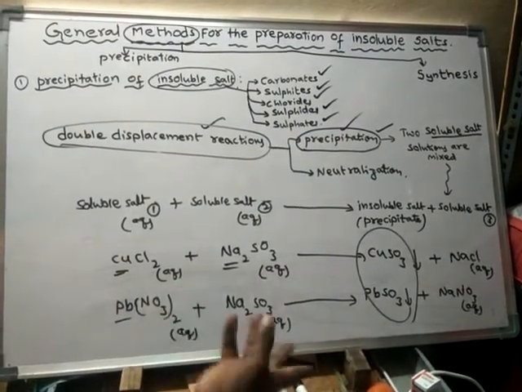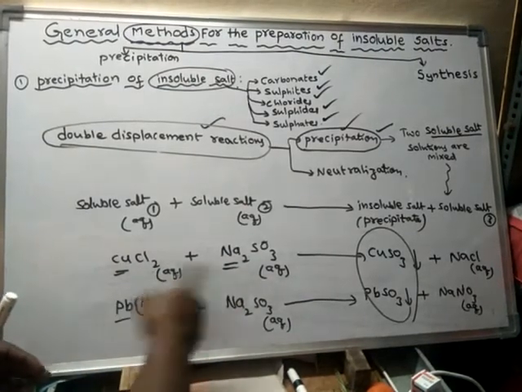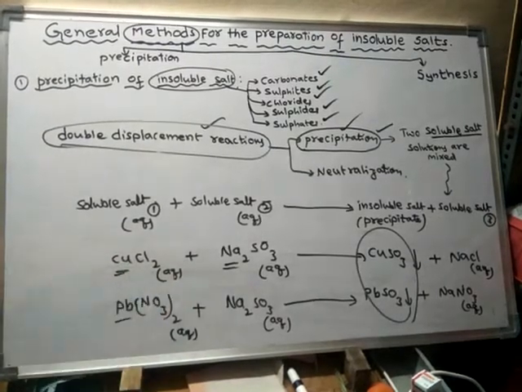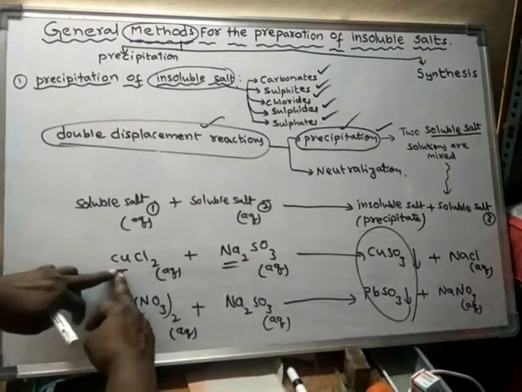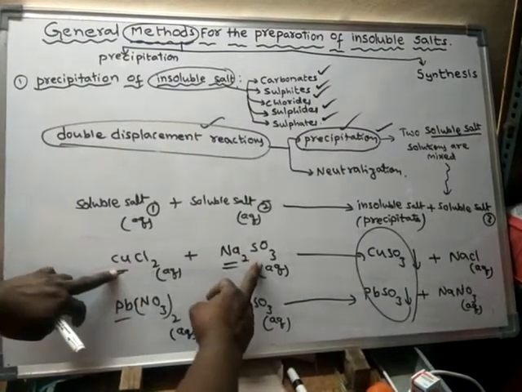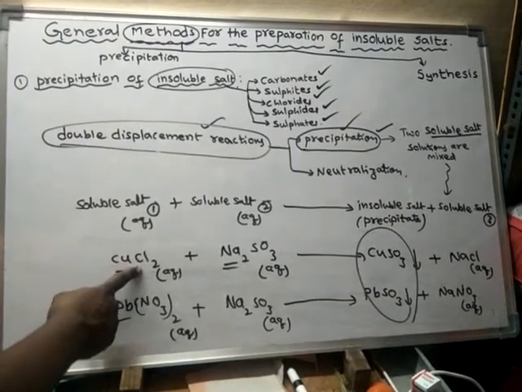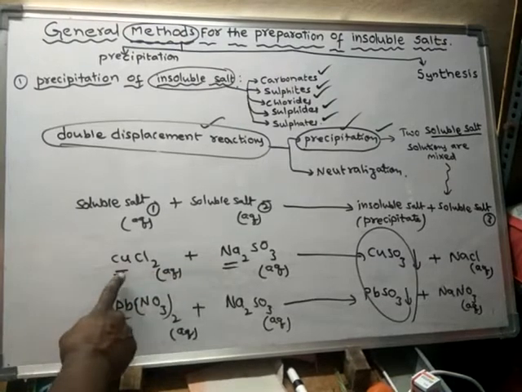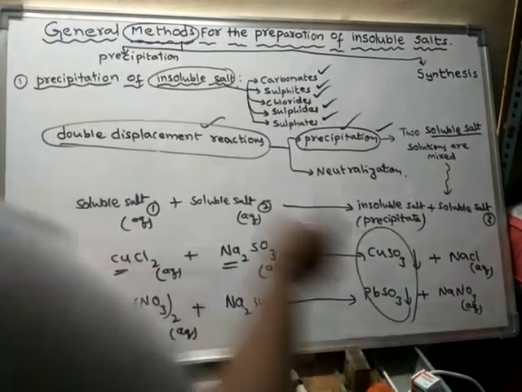Okay, so what is happening here? Two soluble salts are mixed. When two soluble salts are mixed, these salts exchange their radicals, or their ions. So copper will take the sulfite and sodium will take the chloride. Before that, copper is with chlorine, but now it will give its chlorine to sodium, and it will take sulfite from sodium to form copper sulfite.